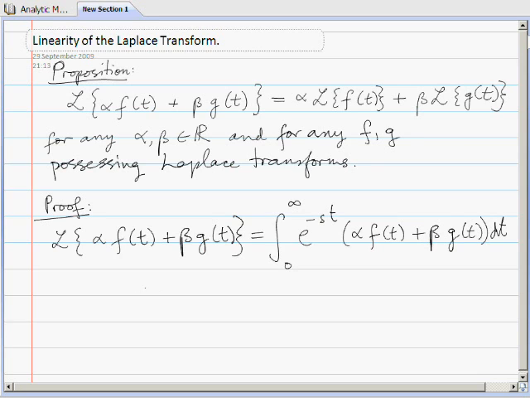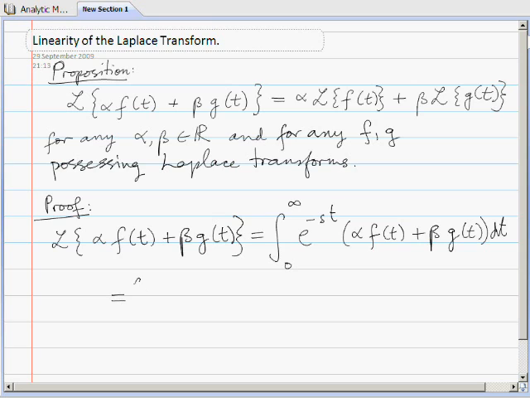I'll just drift over to the left here to give myself some room. So we keep half an eye on the result we're trying to prove, what we're trying to end up with. We're trying to end up with the linear combination alpha times the Laplace transform of f plus beta times the Laplace transform of g. And that should guide us in the manipulations we make down here.